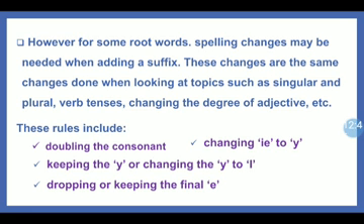Right? Your verb tense, you did the action yesterday. So we would add ED to the verb. But for example, suppose the verb ended with a Y. I'd have to change my Y to I and add ED.